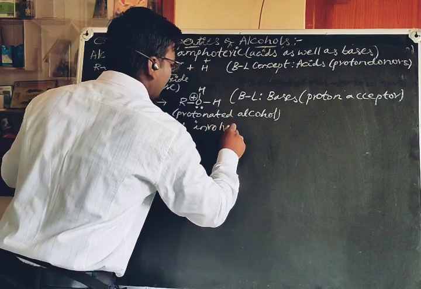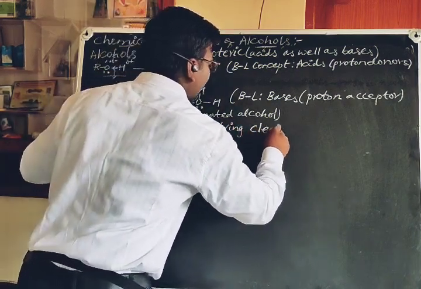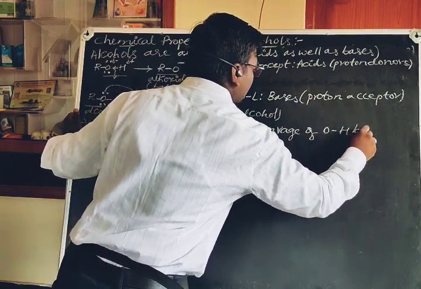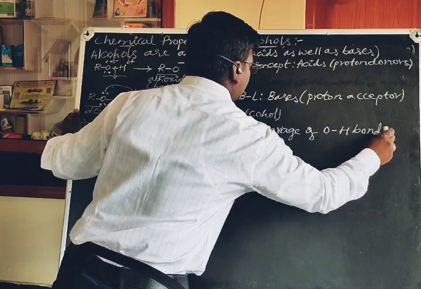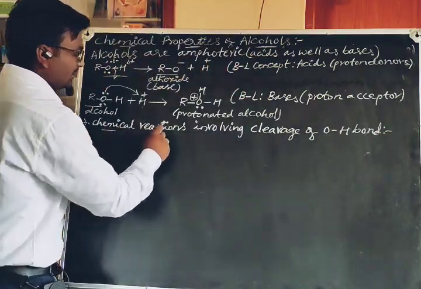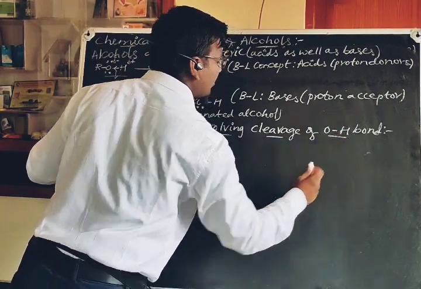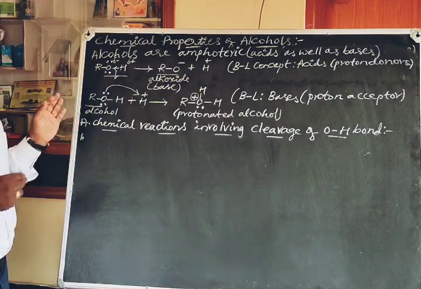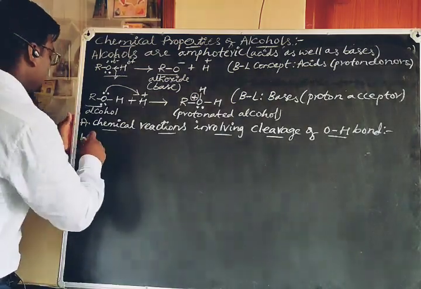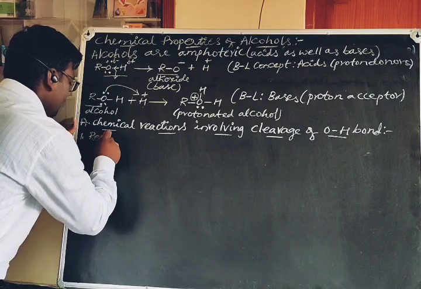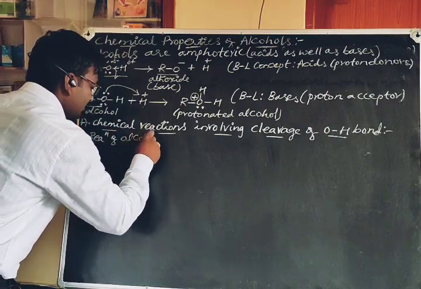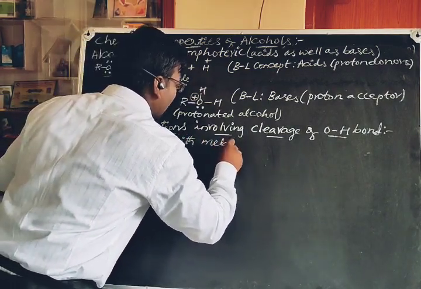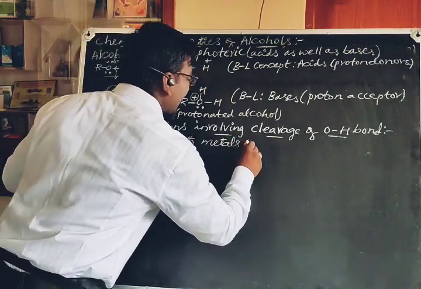In this, firstly we shall take up the reaction of alcohols with metals. Reaction of alcohols with metals proves the acidic character of alcohols.